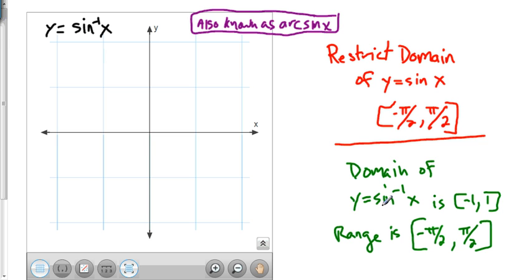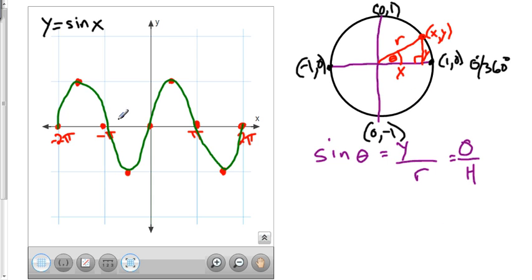Let's go back and look. y equals sine x is periodic, goes on and on forever, and this fails the horizontal line test. But if I put a restriction on here, from negative pi over 2 to pi over 2, this is a one-to-one function.